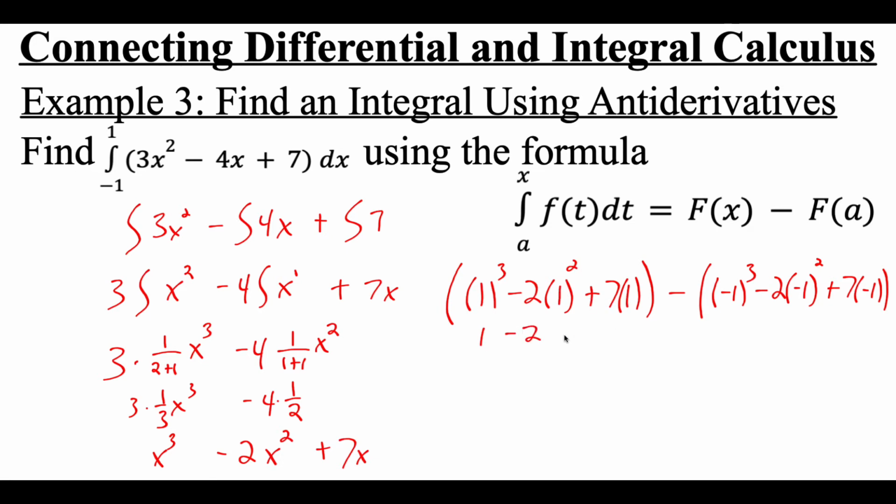And then 7 times 1 is just 7. So 1 minus 2 is -1, plus 7 is 6, minus, now on the back end here, -1 cubed is -1, -1 squared is +1, times -2 is -2, and then 7 times -1 is -7. So -1 minus 2 is -3, minus 7 is -10.